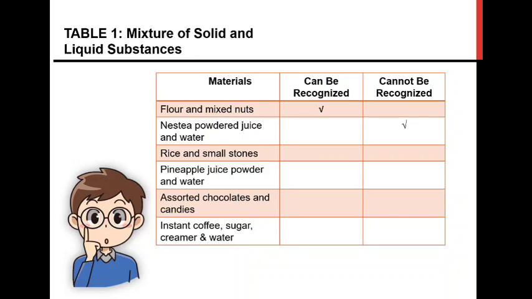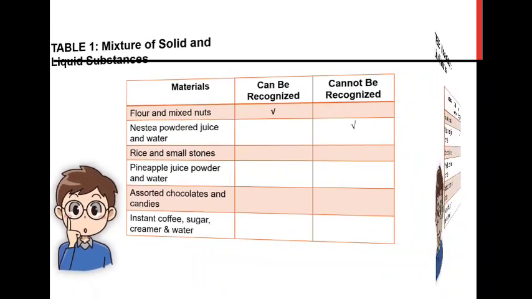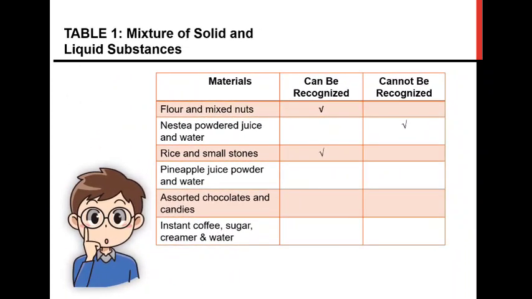Next is rice and small stone. If they are mixed together, can we still recognize the components? Very good. We can still recognize the components, especially the small stones. Another mixture of pineapple juice powder and water.